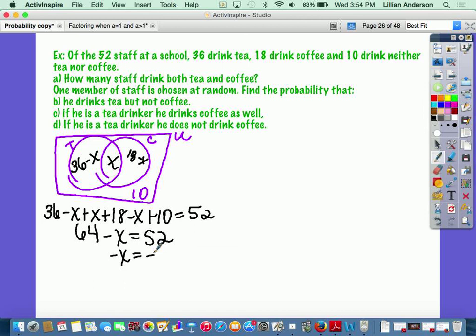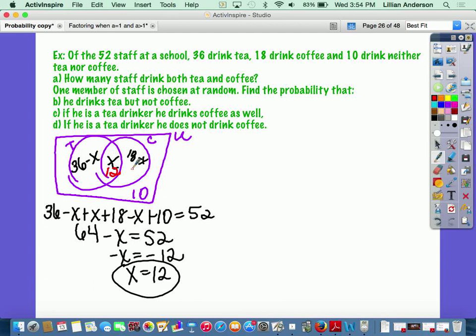When I subtract 64, I get a negative 12. And so X equals 12. So there are 12 people who drink both coffee and tea.